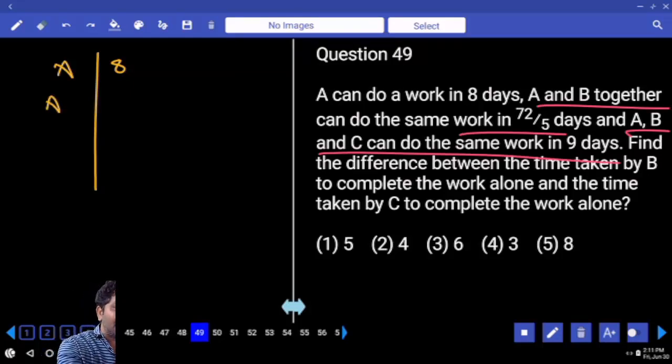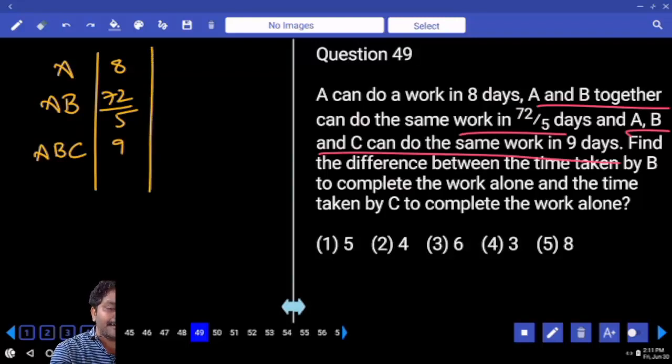But anyway, let's see. A and B together can complete the work in 72 by 5 days. A, B, C all together can complete the work in 9 days. What is the LCM? 72. A alone does 9 units. A and B do 5 units. A, B and C will do 8 units, correct?